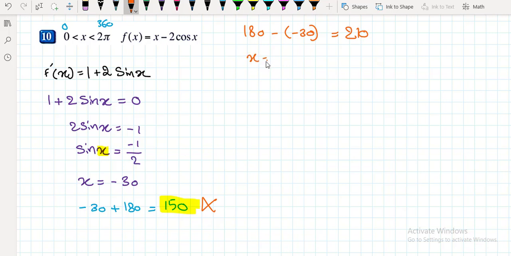So x equal to 210 is a possible answer. It is between 0 and 360, and it gives the result of negative 1/2. So I got the first possible answer, which is very good. Now, on this answer, I'm going to add and subtract from 180 again to get another possible answer.